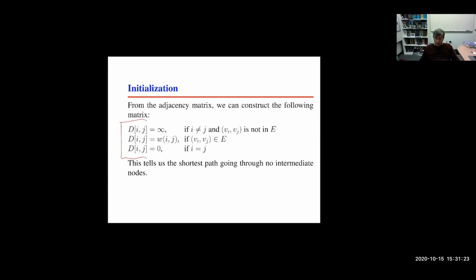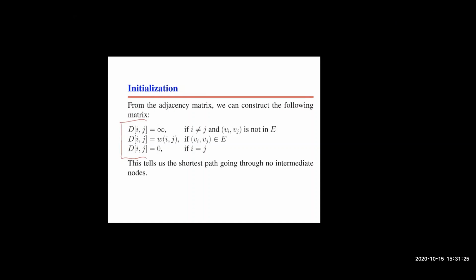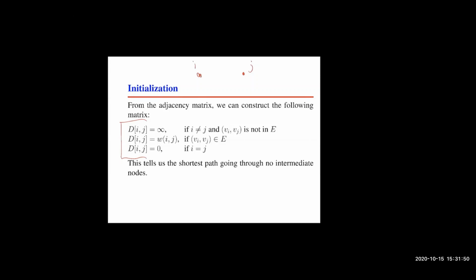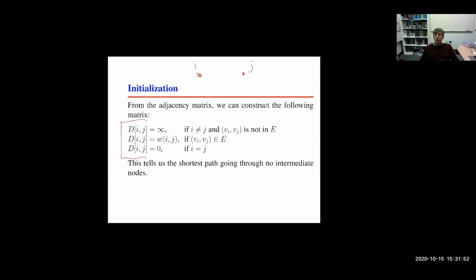We're going to come up with the length of the shortest path from I to J using certain vertices as intermediates. What is the shortest path? If I have a vertex I in a graph and a vertex J in a graph, what is the length of the shortest path from I to J that uses no intermediate vertices?